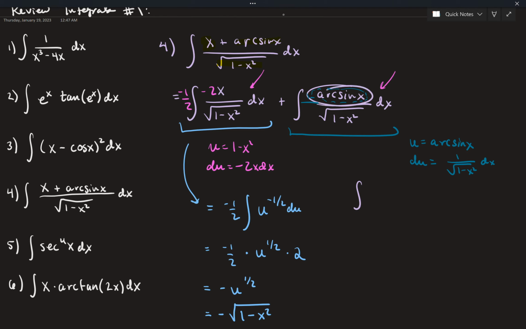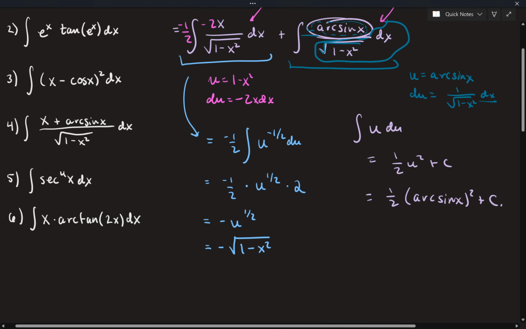Here's u, and what I'm circling now is du. It's dx times 1 over this. So I just have u du, which is 1/2 u squared, which is 1/2 arcsine x squared plus c.